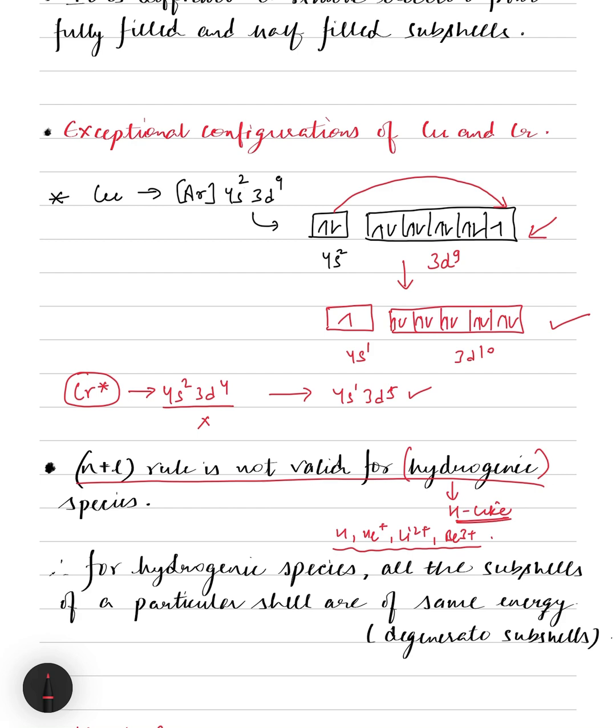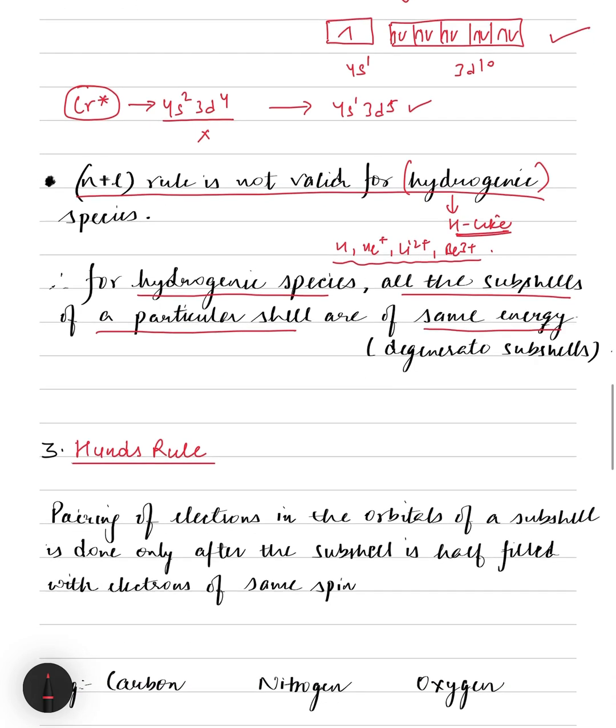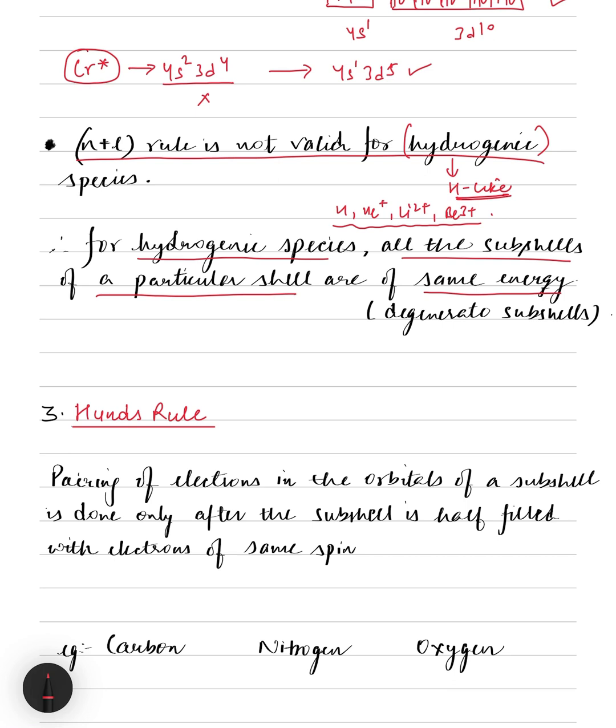Why? Because for these hydrogenic species, all the subshells of a particular shell are of the same energy. If I talk about the third shell, it has 3s, 3p and 3d.